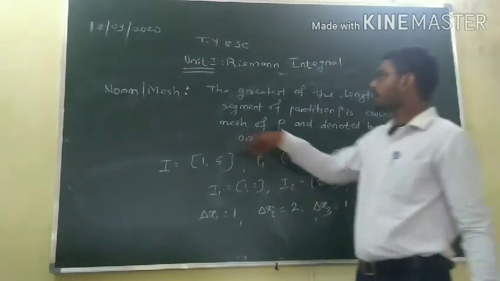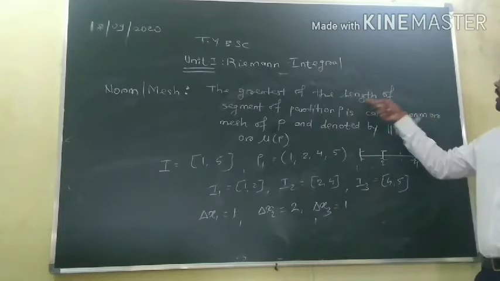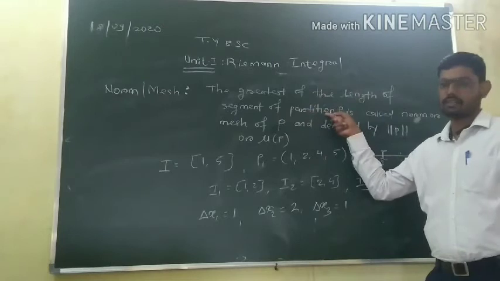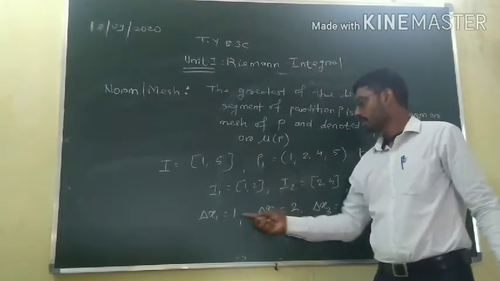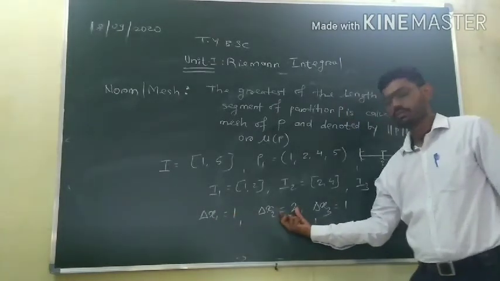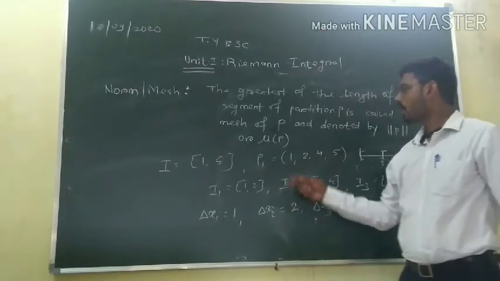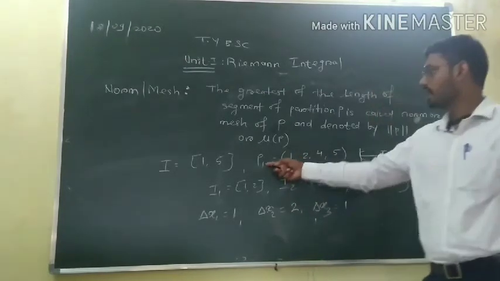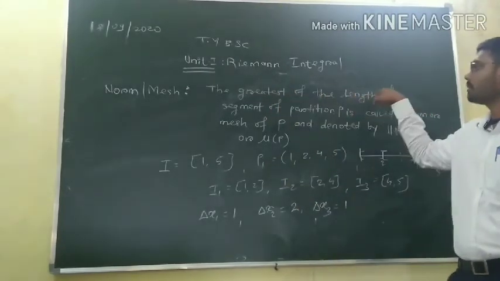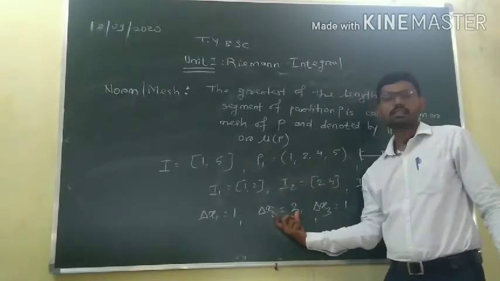Now what is the norm of a partition? The norm of a partition is nothing but the greatest length of a segment of the partition. What is the greatest length here? The length of the first segment is 1, the second segment is 2, the third segment is 1. So the greatest is 2. So the norm of this partition P1 is 2.